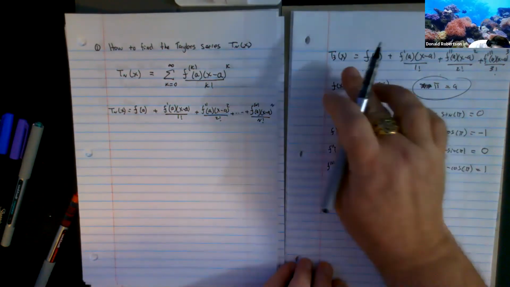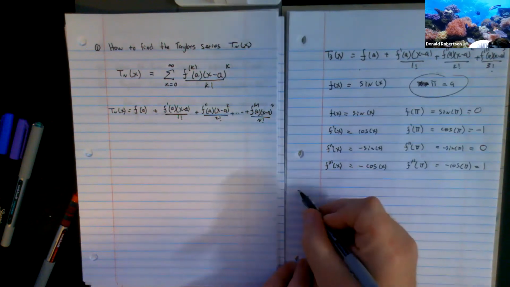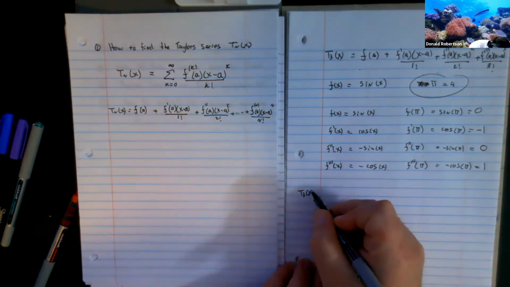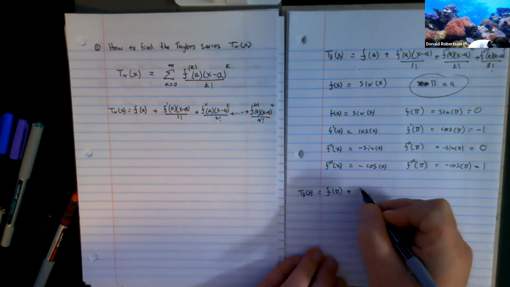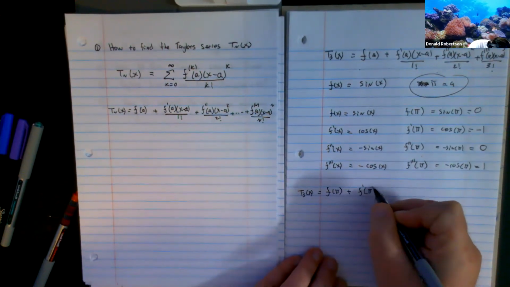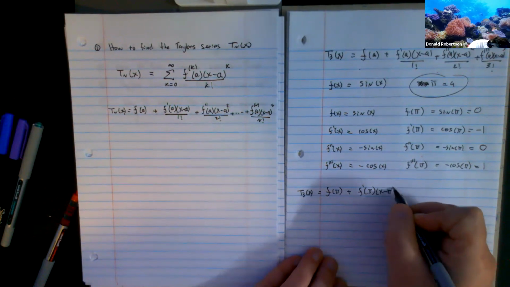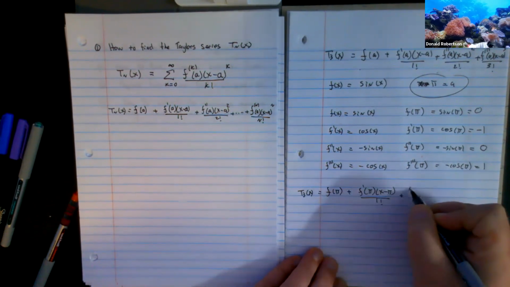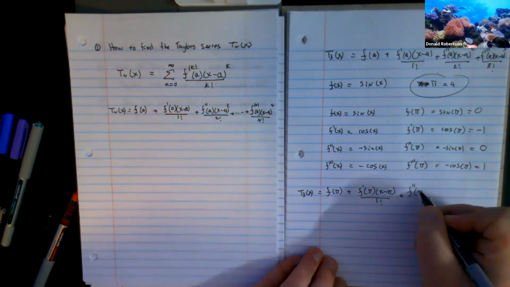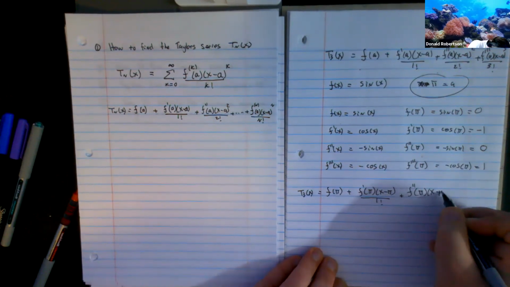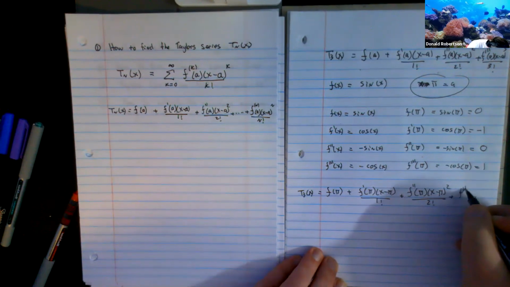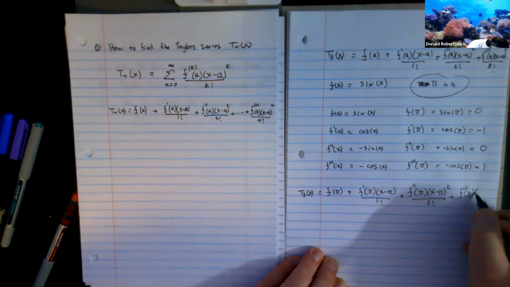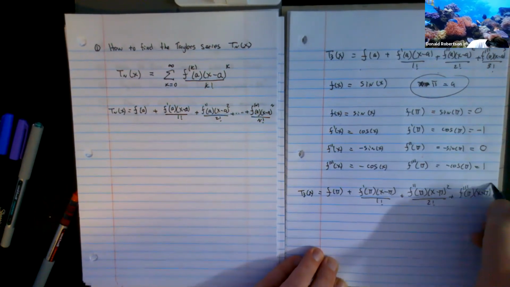So here's my T3 of x. Let's see what he looks like. He's going to be the value of the function at pi, the first derivative at pi, that guy, second derivative at pi, that guy, and the third derivative at pi, that guy.